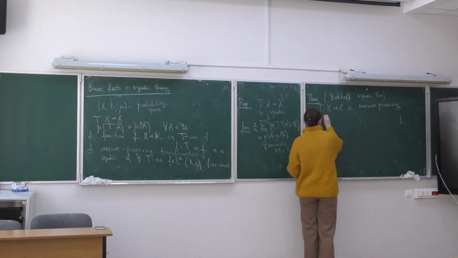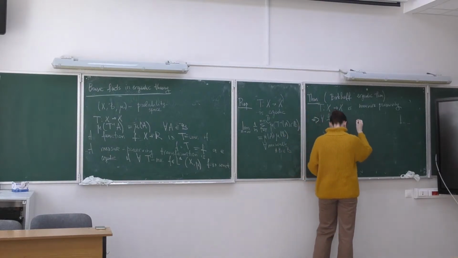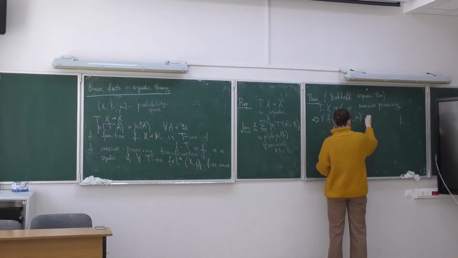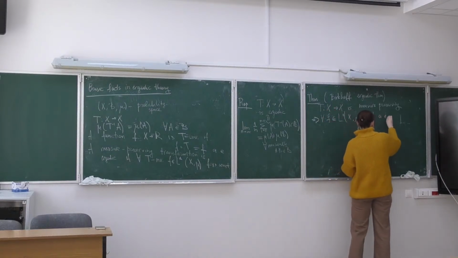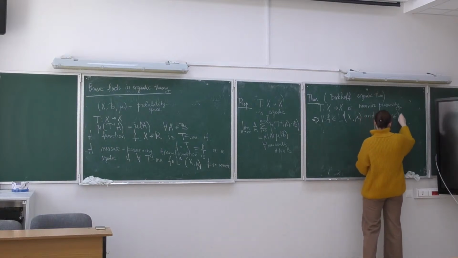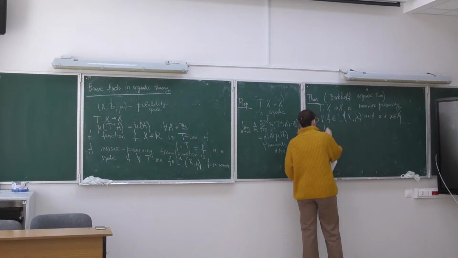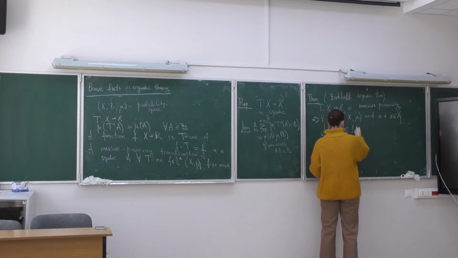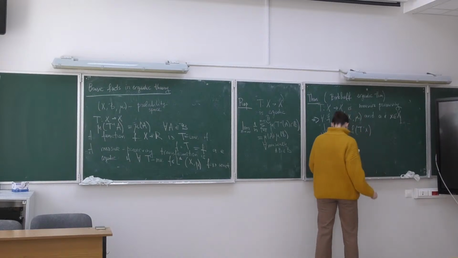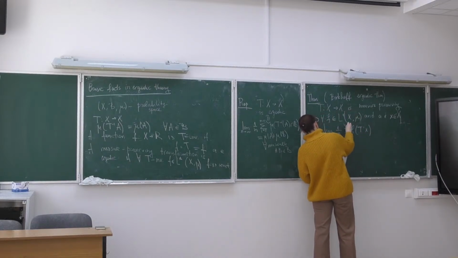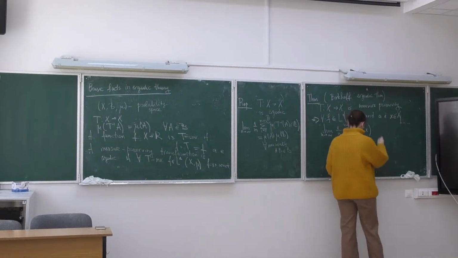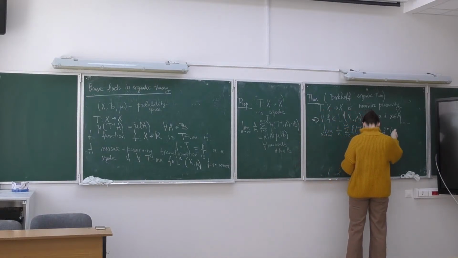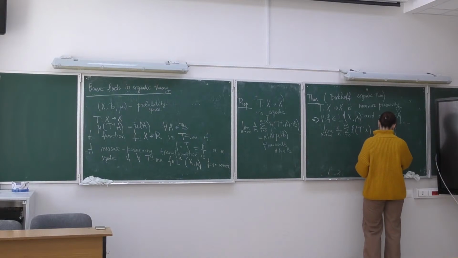And then for any f from L1 and almost every x, the limit as n goes to infinity of 1 over n of the sum of f(T^i(x)), where we take the average over the orbit, is f star of x, where f star is again a member of L1 and it's T invariant.